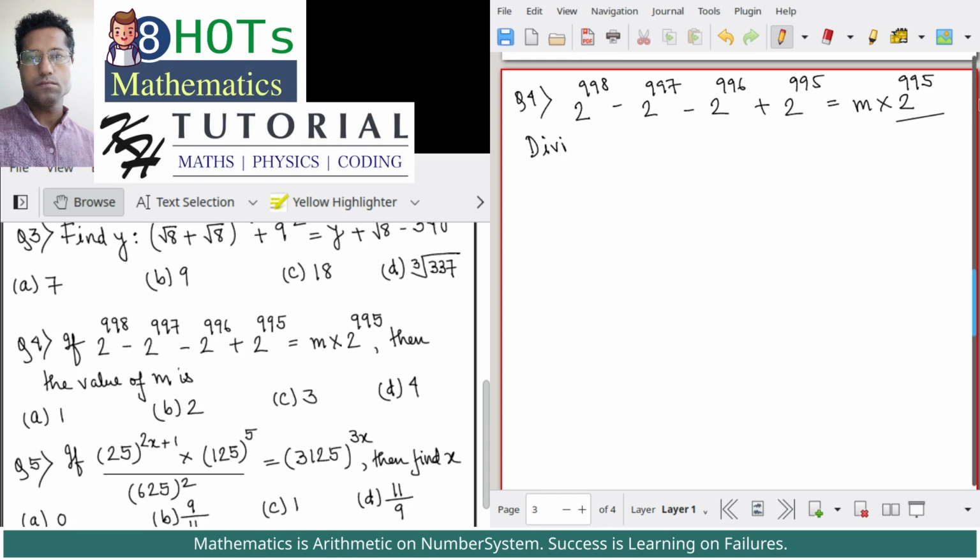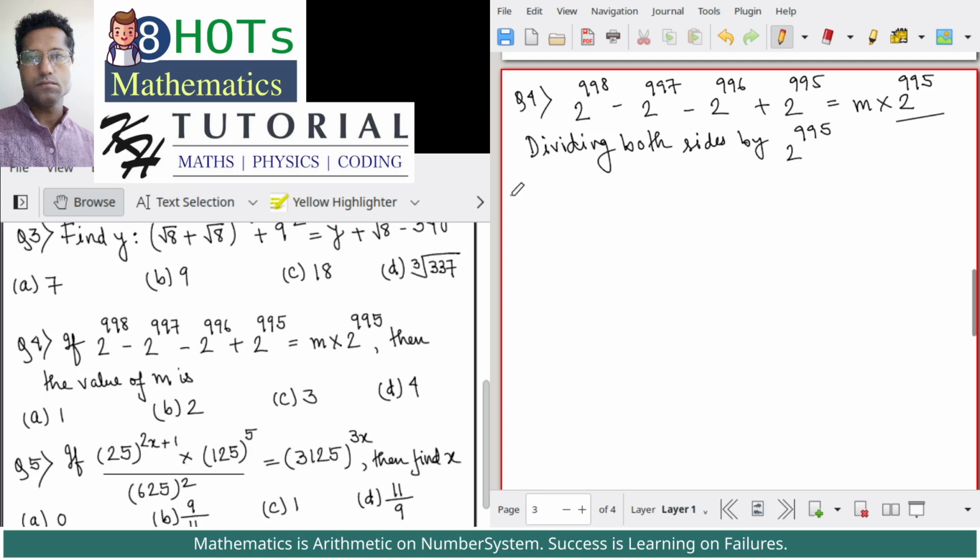So using the laws of exponents, if you simplify, the powers will become really small. So dividing both sides by 2 to the power 995, I will get m on the right hand side.